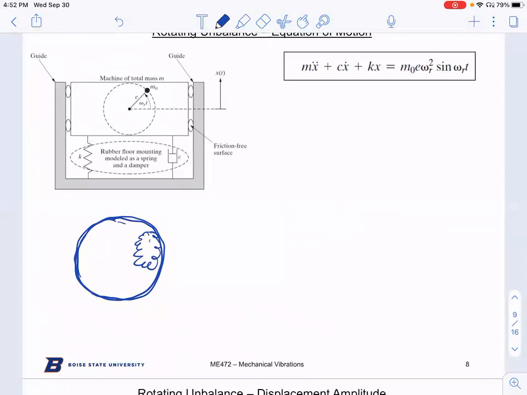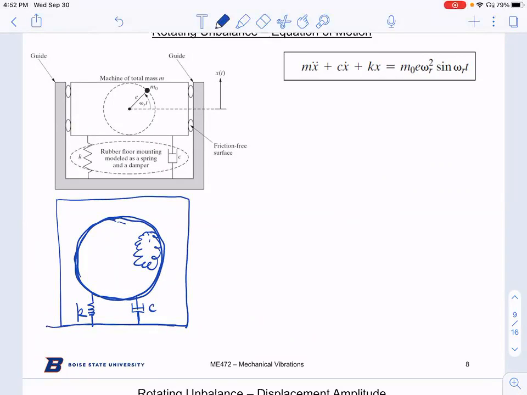You're going to have some kind of support to hold this bucket in place. You're also going to have a dashpot to provide proper damping. And this entire thing is enclosed in a casing, and the machine sits on a fixed floor. That's the model for a washing machine.